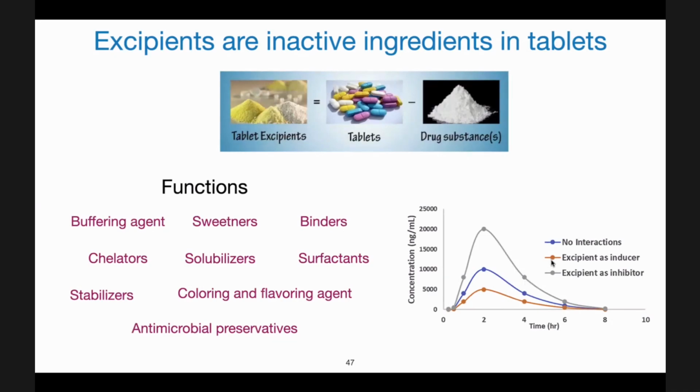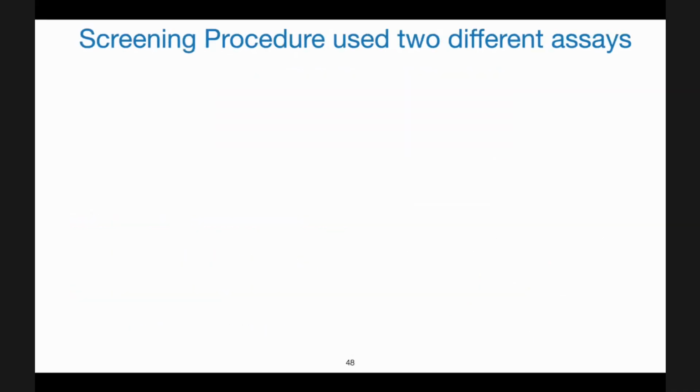And if it is acting as an inducer, it can lower the concentration of the drug. So the interaction of these excipients with protein components, especially P-glycoprotein, can change the pharmacokinetics or concentration of the drug. It is very important to understand these interactions.